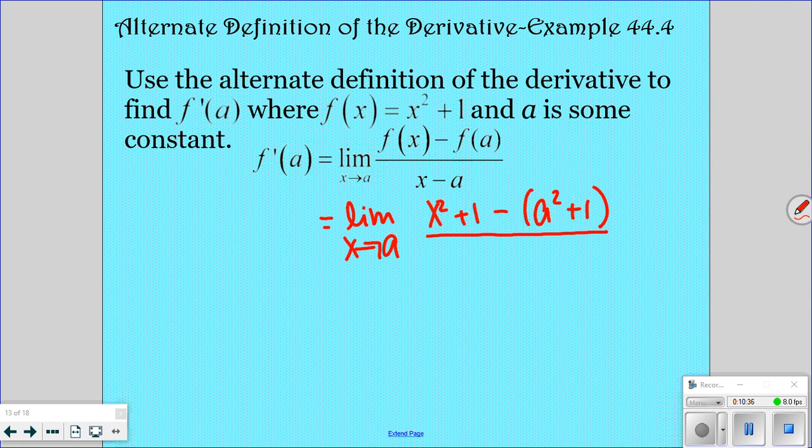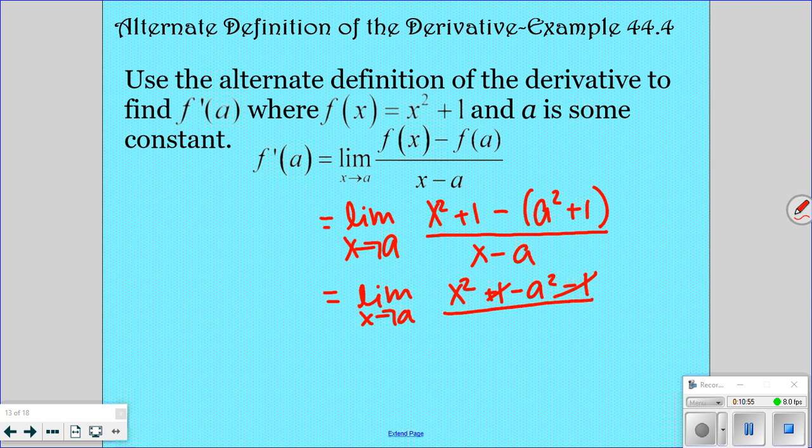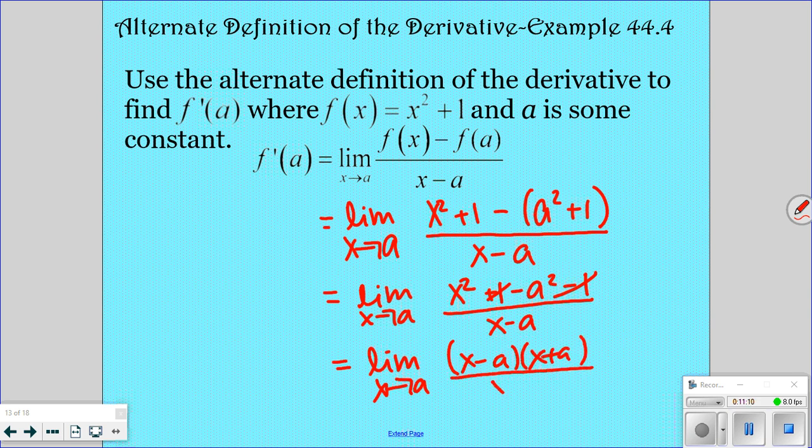And then x minus a. So now we need to simplify as best we can the numerator. And so I'll have x squared plus 1 minus a squared minus 1. And so the 1's will cancel. And so I really have x squared minus a squared. And so that will factor as x minus a times x plus a over x minus a.